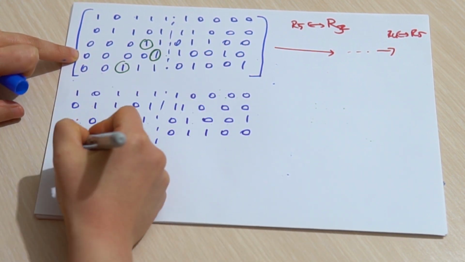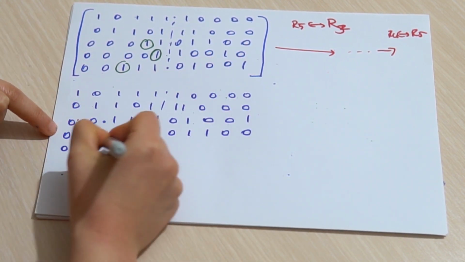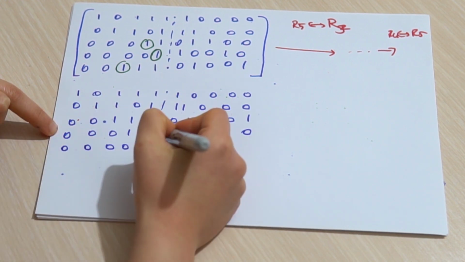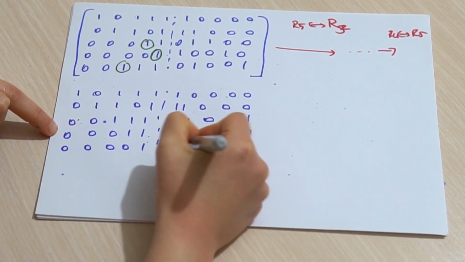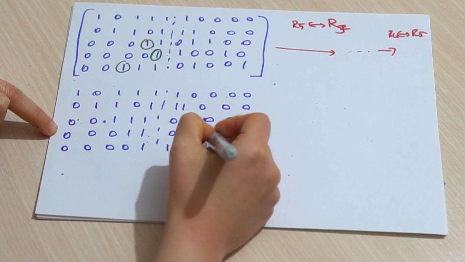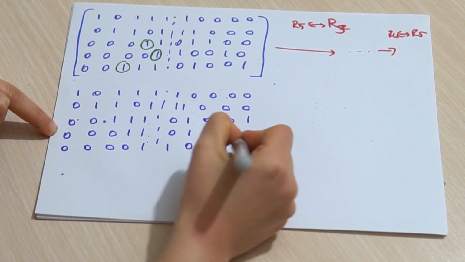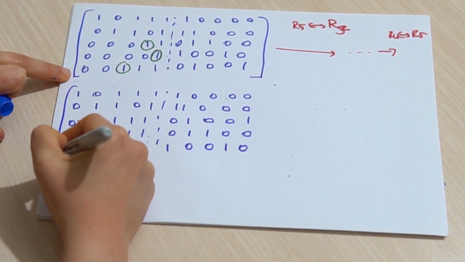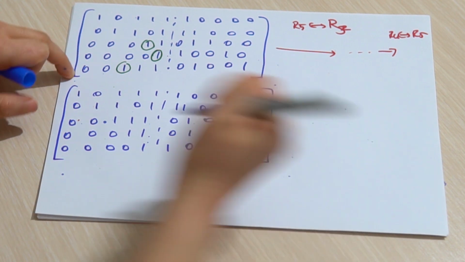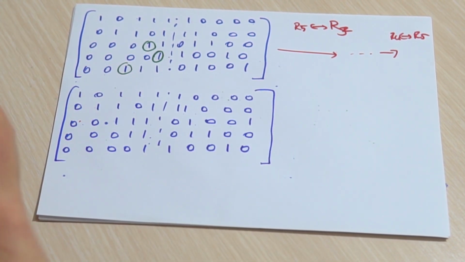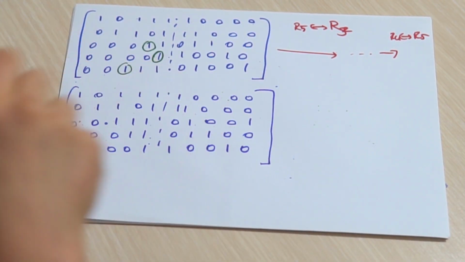Then I will have this row in row 5, 0 0 1 1 0 0 1 0. So I have this augmented matrix.